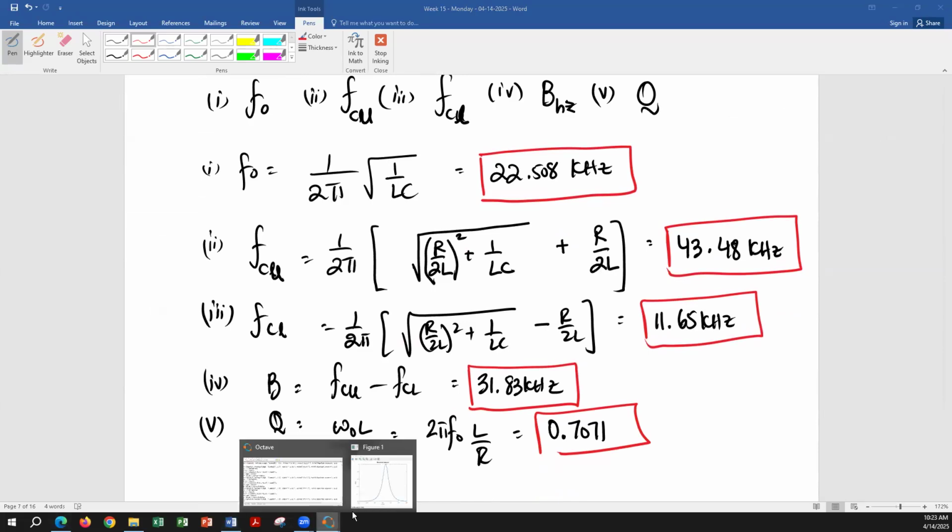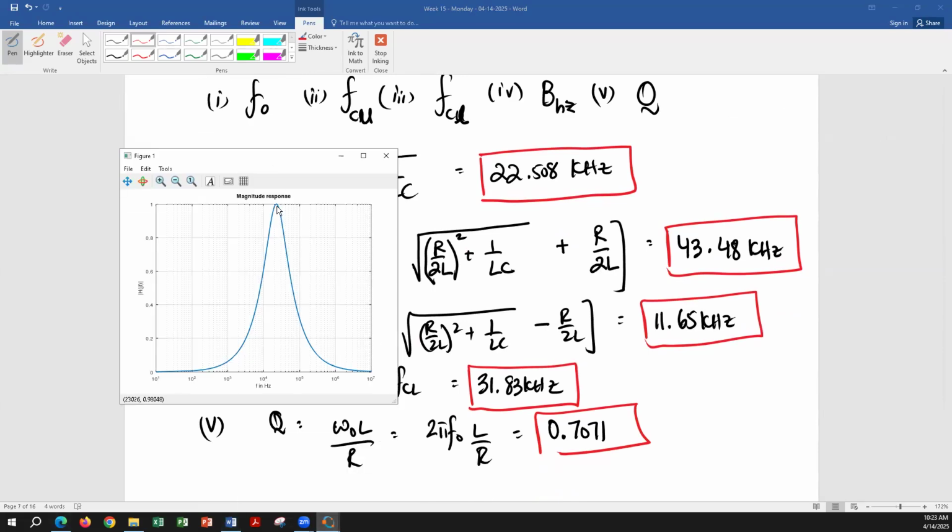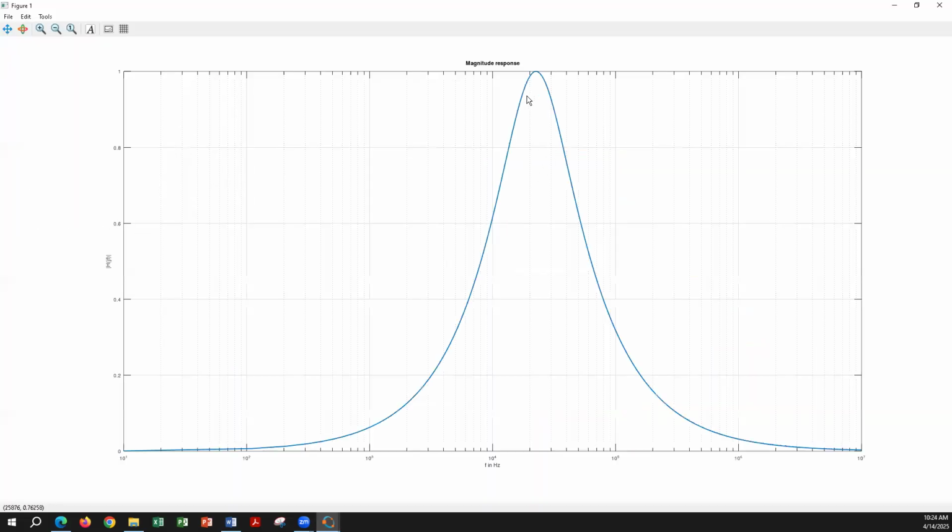So again, your mouse is not exact, but center frequency here somewhere. It's 20, 23, 24, whatever, 22.5 kilohertz. 43.48 kilohertz is this. This is my center frequency approximately. 22.5 kilohertz, annotated.